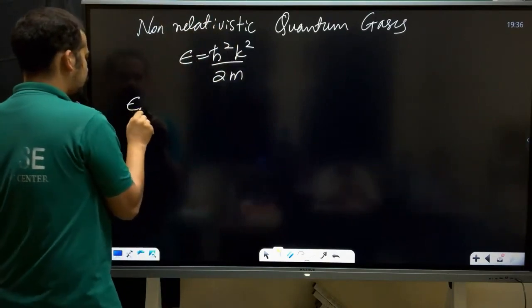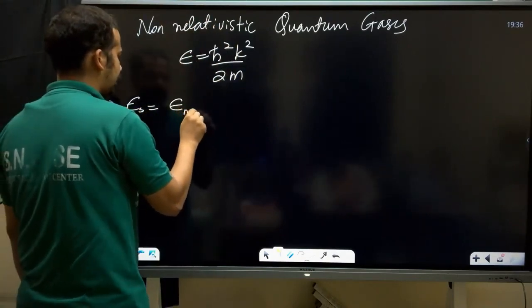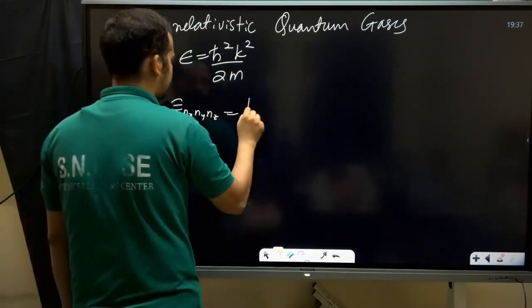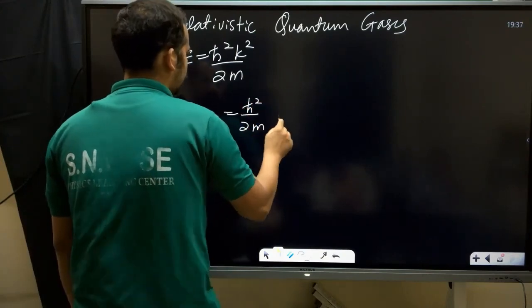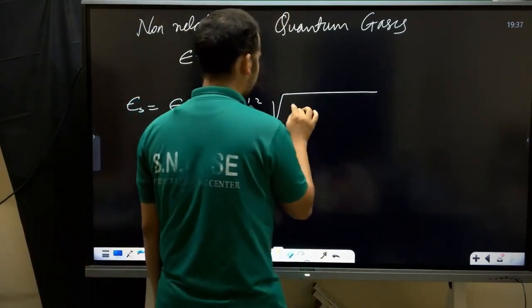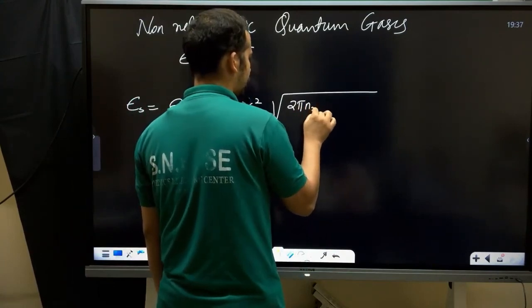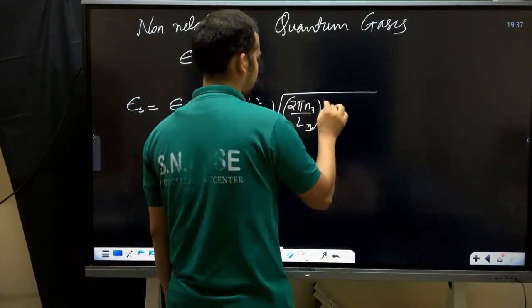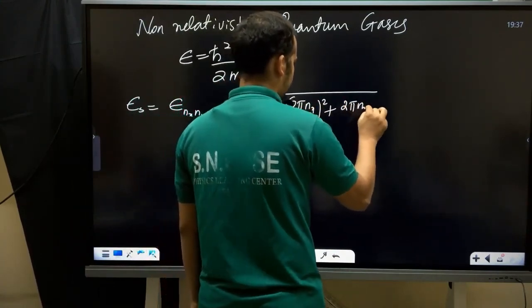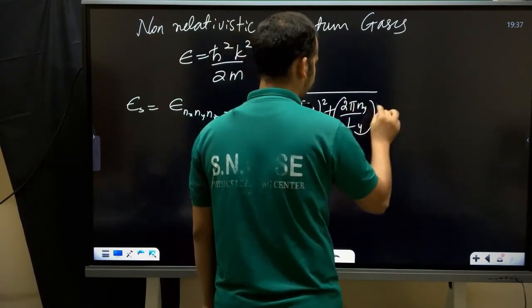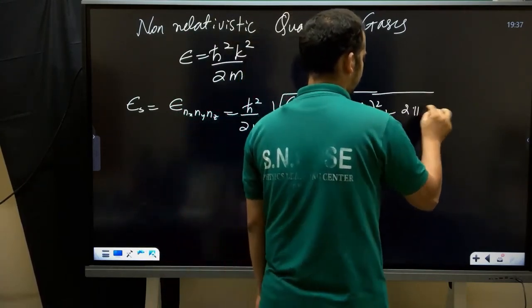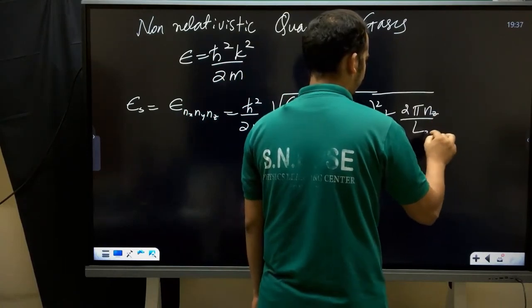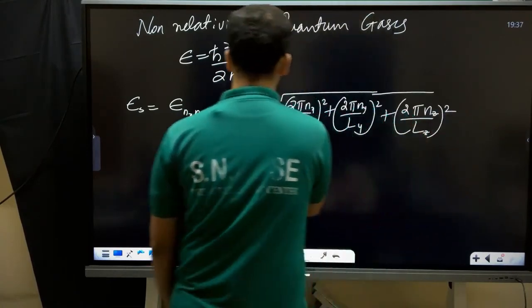Okay. Es, that is E(nx, ny, nz), is nothing but ħ²/2m into the square root of (kx² + ky² + kz²), that is (2π nx/Lx)² + (2π ny/Ly)² + (2π nz/Lz)², the whole square root.